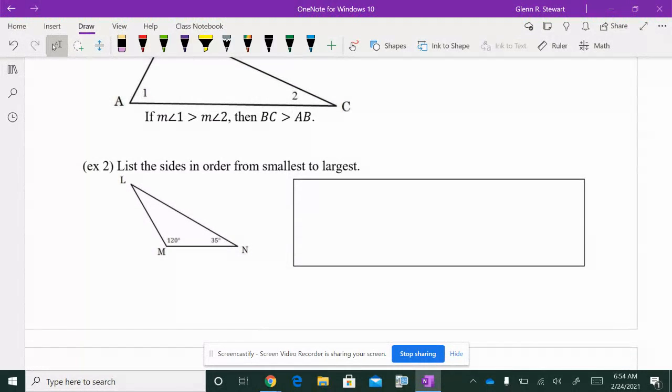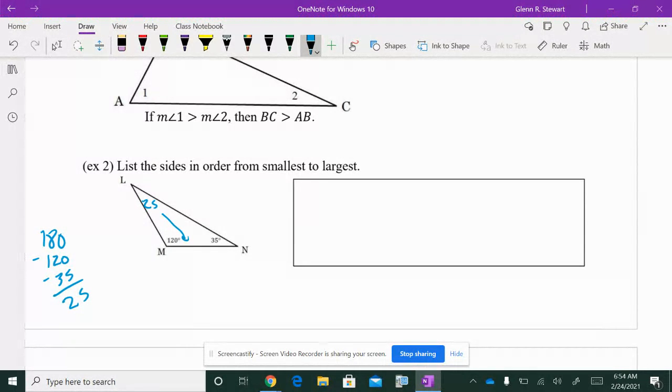If you want to try this first, you can. If you're done pausing the video, you might want to note that if we have 180 minus 120 minus 35, we end up with 25. So finding this angle is definitely good because it is now our smallest angle.